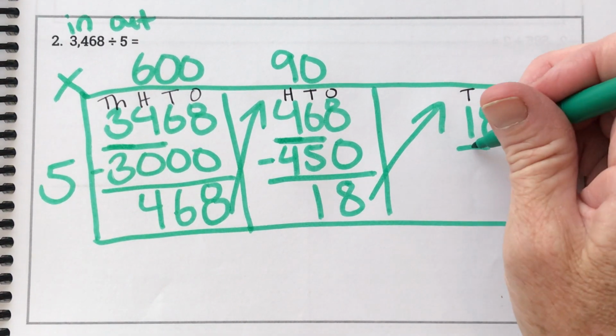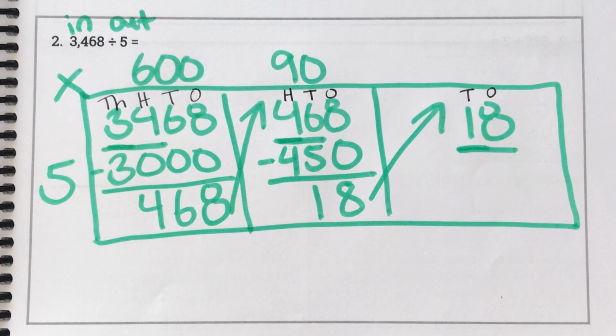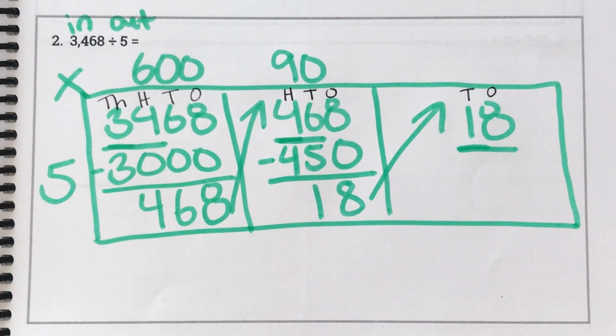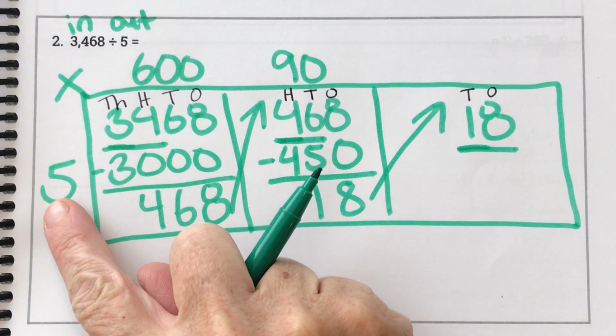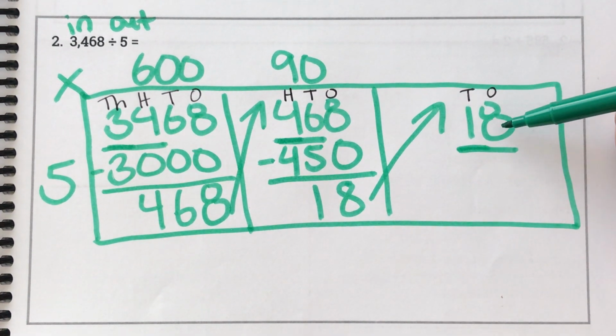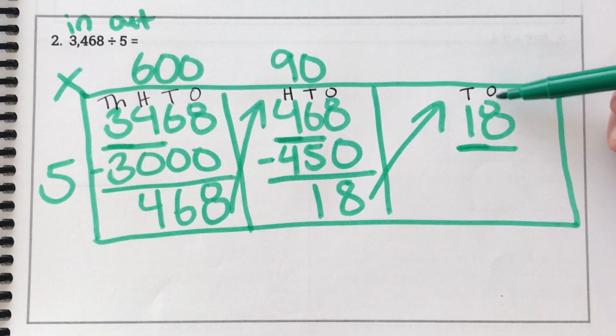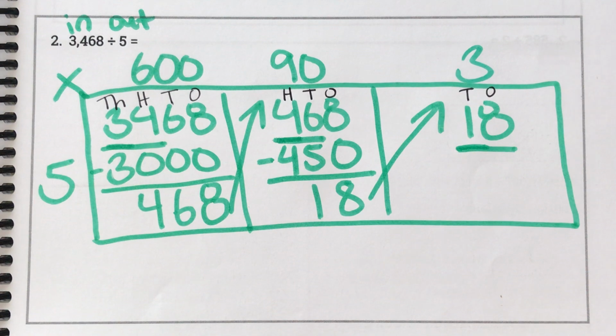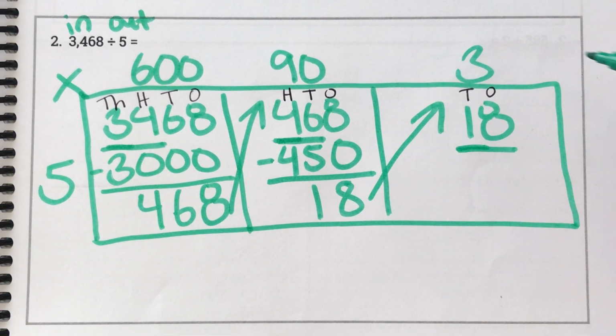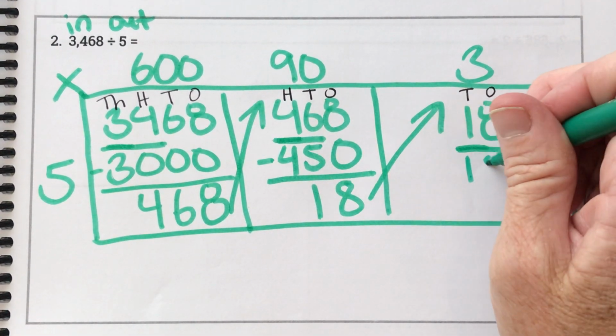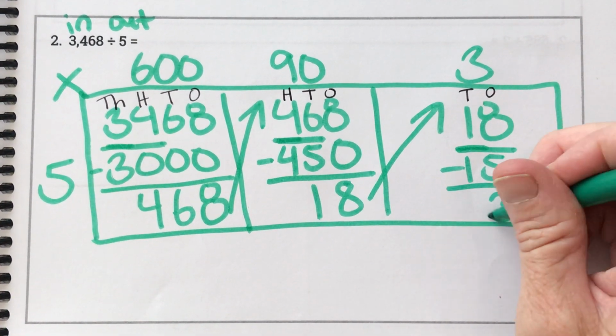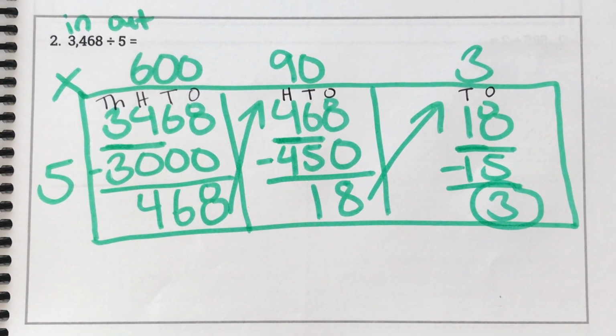No. 5 can fit into 18 3 times, because 3 times 5 is 15, but 4 times 5 is 20. So it's 3 ones, which is just 3. 3 times 5 is 15. And when we subtract, we get an extra 3.